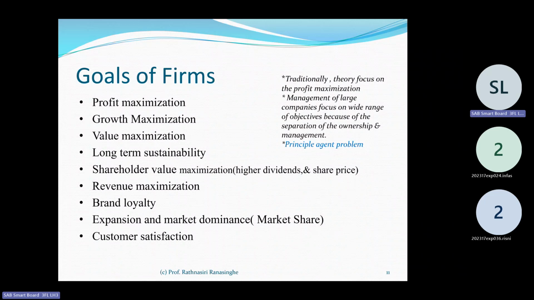We also talk about the objectives of the shareholders and the management. The shareholders' objective and the management or board's objective may have some conflicts. That is when we talk about the agency problem.